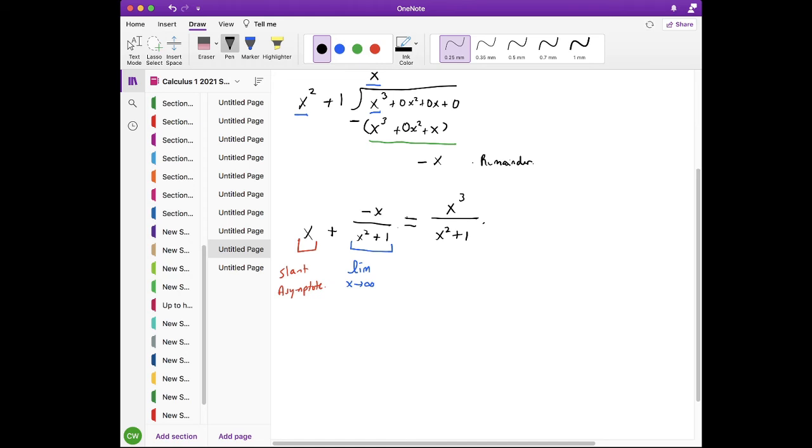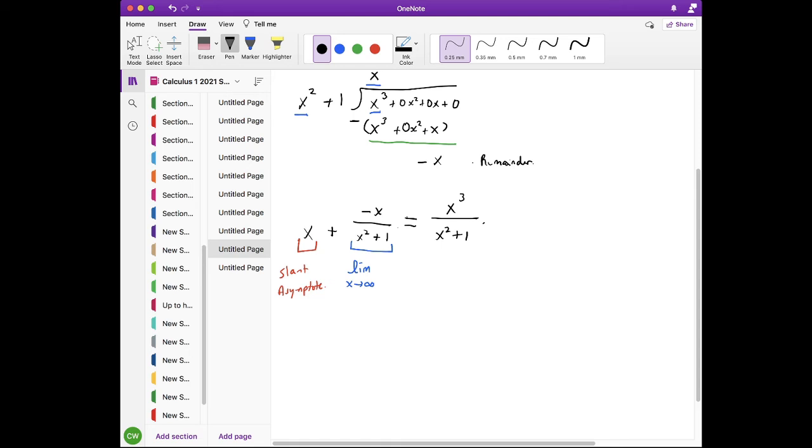What's the limit of negative x over x squared plus 1 as x goes to infinity? If not that, what's the horizontal asymptote? Not d and e. Look at the powers.